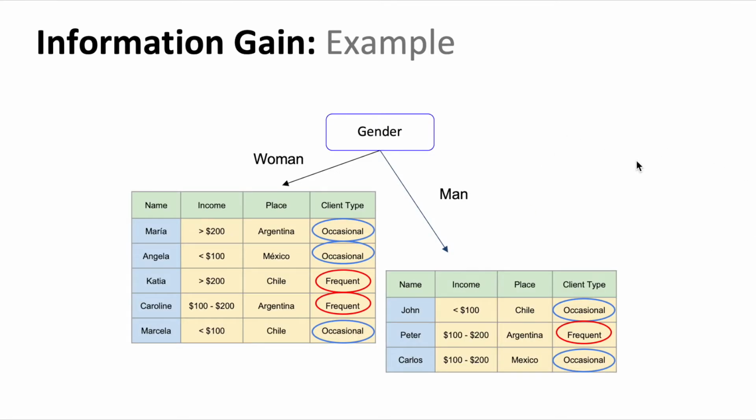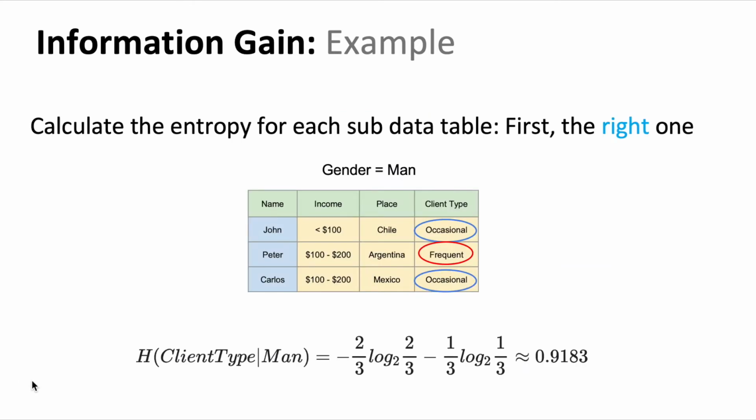So now let's assume we are going to calculate the information gain of the variable gender. To do that, we need to instantiate the variable gender in its two possible values, and then obtain two smaller tables. And we have to look at the entropies of each of the tables. So let's calculate the entropy of the right subtable.